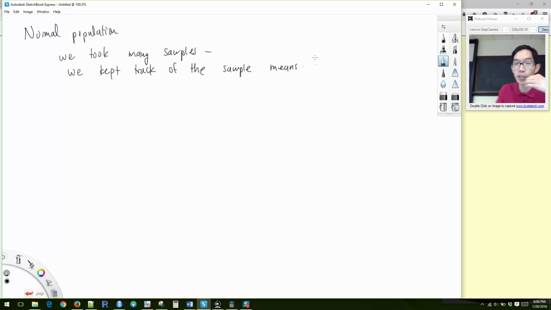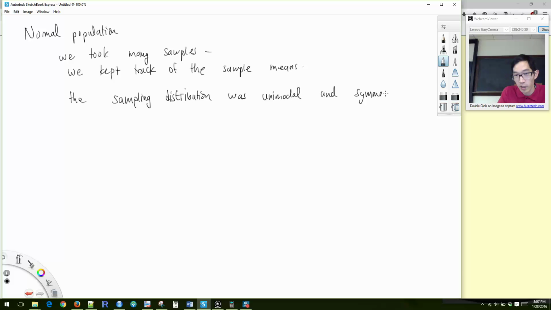And what we observed was that the sampling distribution was unimodal and symmetric, kind of like a normal distribution.